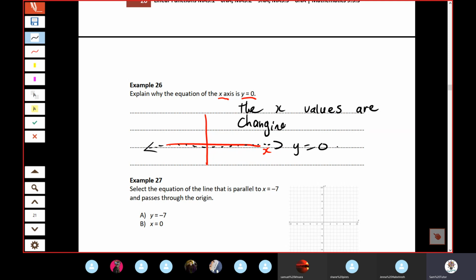Because if I said a number here or a number here or a number here, the x values are changing on this red line. But your y value has not shifted up or anything. It's still always 0, which means the x-axis is y equals 0.